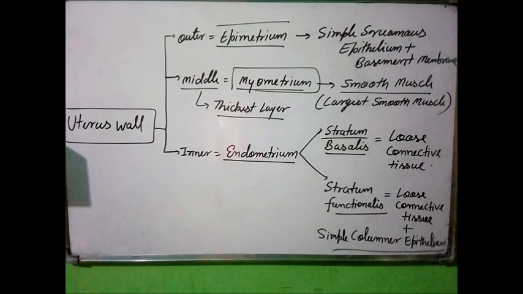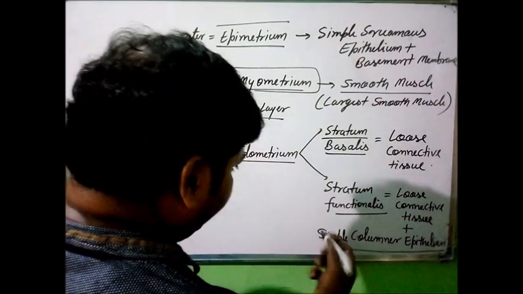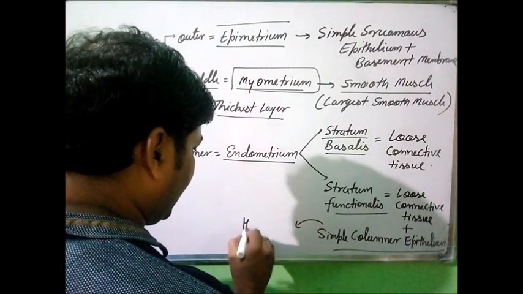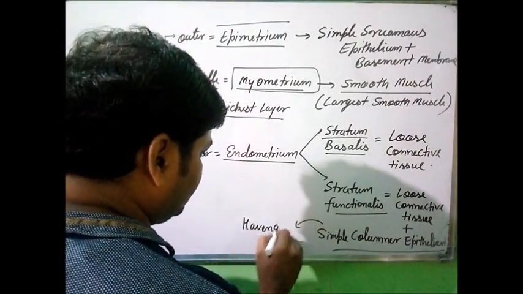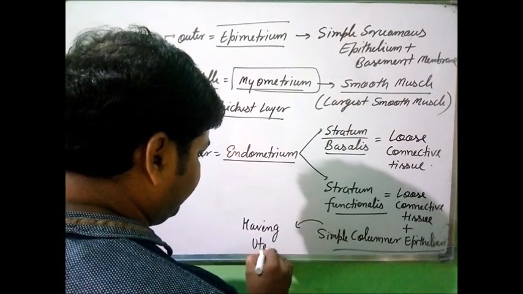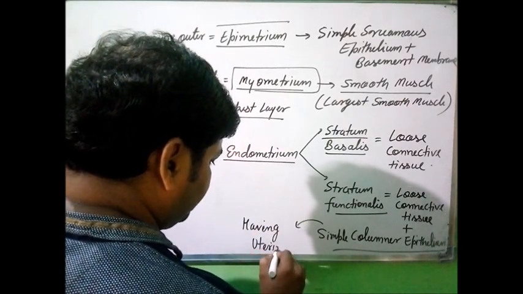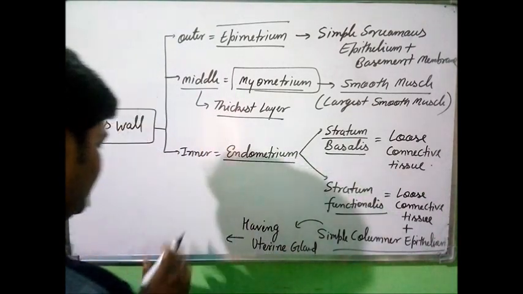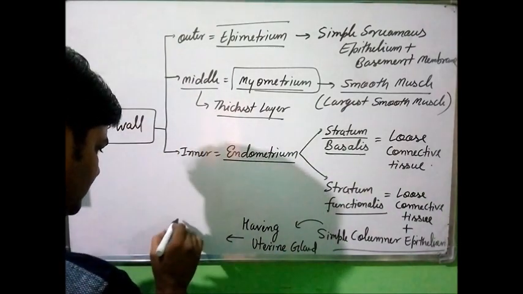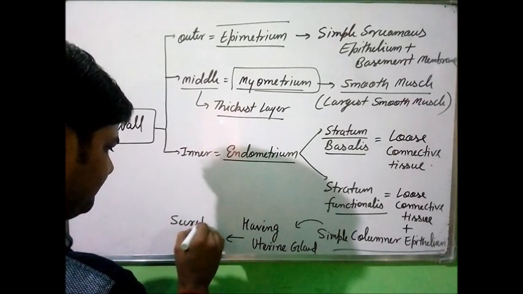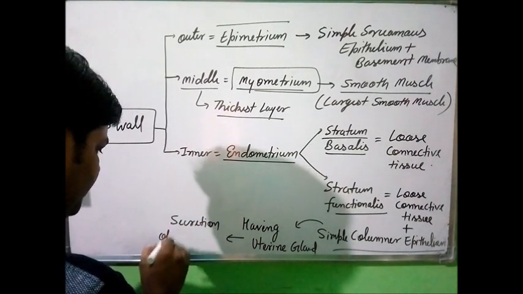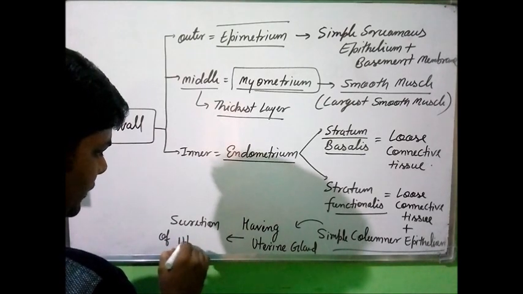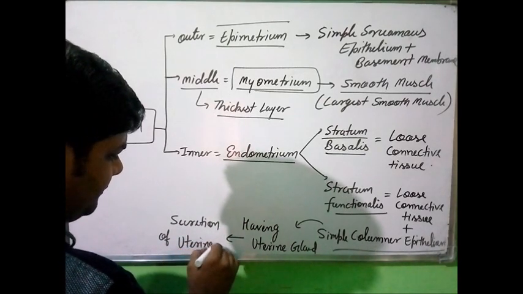So this simple columnar epithelium also has uterine glands, which release secretion of uterine milk.